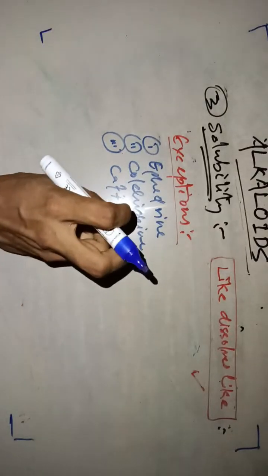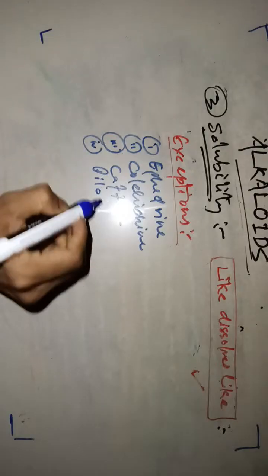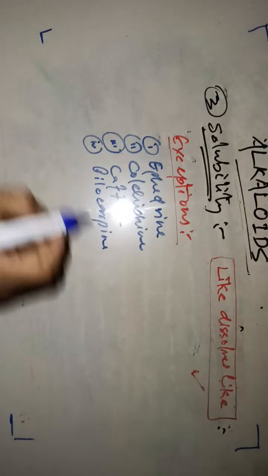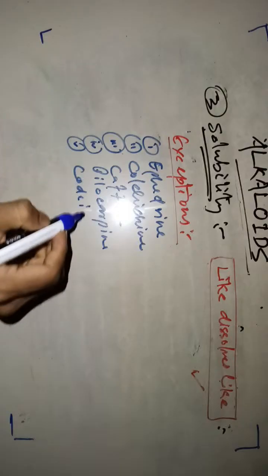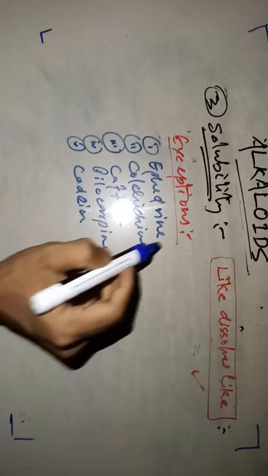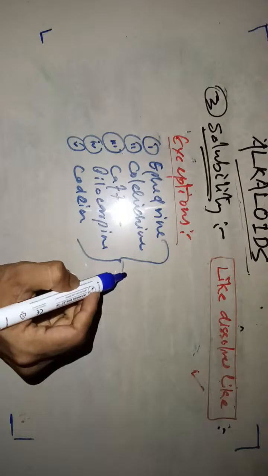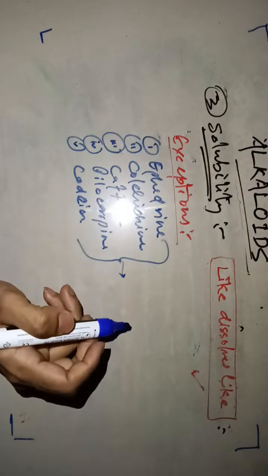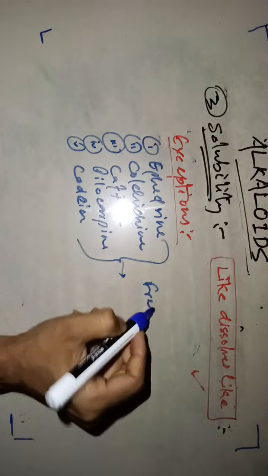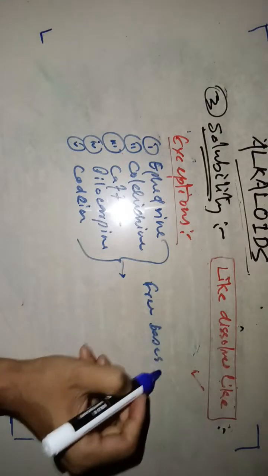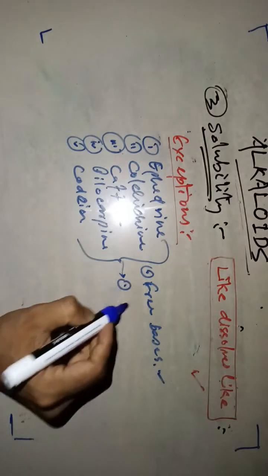Ephedrine, colchicine, caffeine, pilocarpine, and codeine. Though they are free bases, they are soluble in both organic solvent and water.